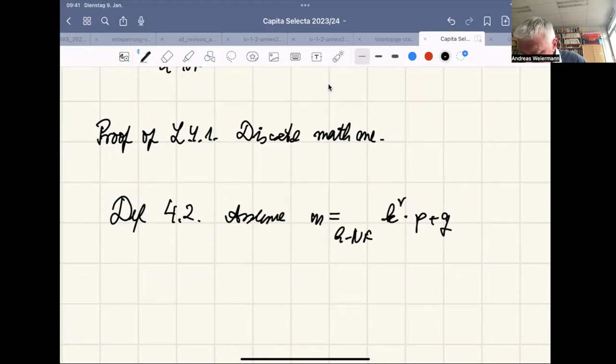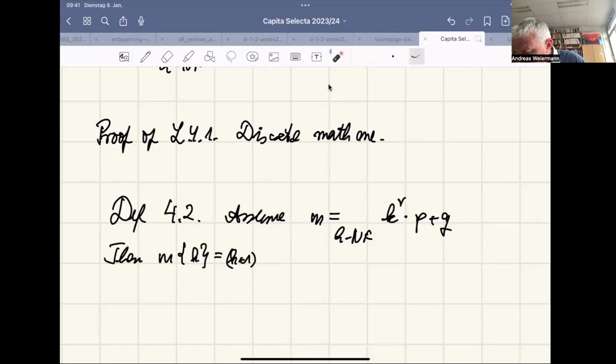So then m in brackets k is given by k plus 1. So we replace this base here by k plus 1, but we do it in a hereditary way. So we do the change in the exponent. Now p is smaller than k, so there's nothing to be changed. And we do all the base change in q.